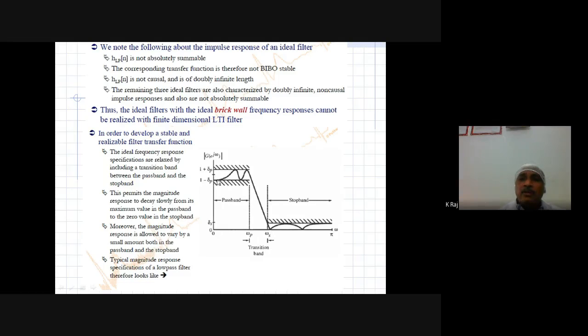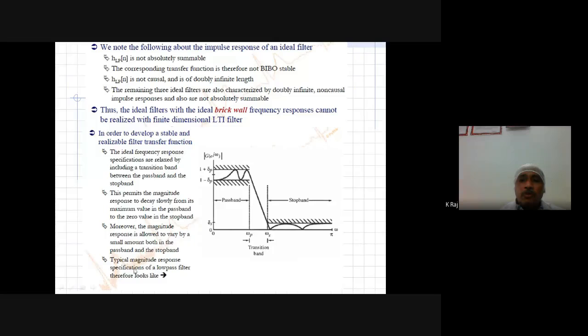In the pass band, ripples are allowed, having a deviation of plus delta p or minus delta p, towards the positive side or the negative side. Moreover, the magnitude response is allowed to vary by a small amount both in the pass band as well as in the stop band. That is, the deviation will take place in the pass band as well as in the stop band.